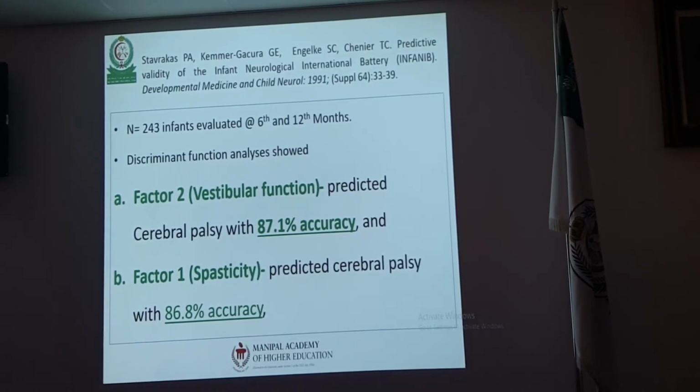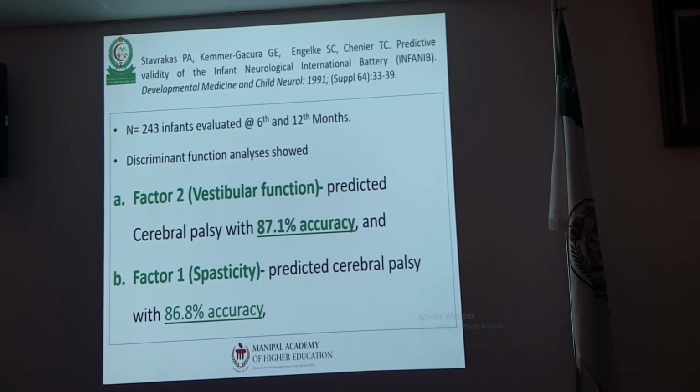But I cannot choose only one factor. I cannot just depend on one factor. I'm presenting what the studies say. I can choose cerebral palsy, spastic cerebral palsy, like that. But that selection is based on what factor? That question will come. The selection cannot be based on an individual item.